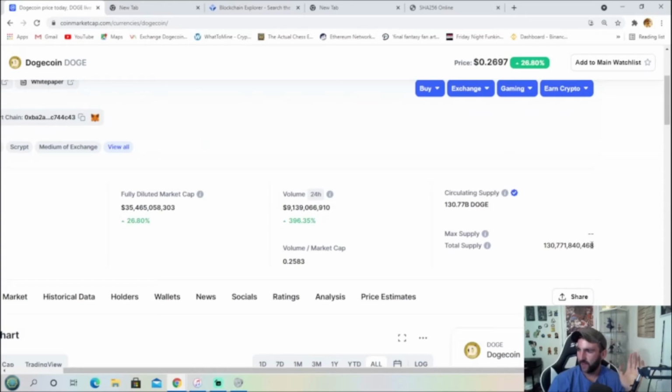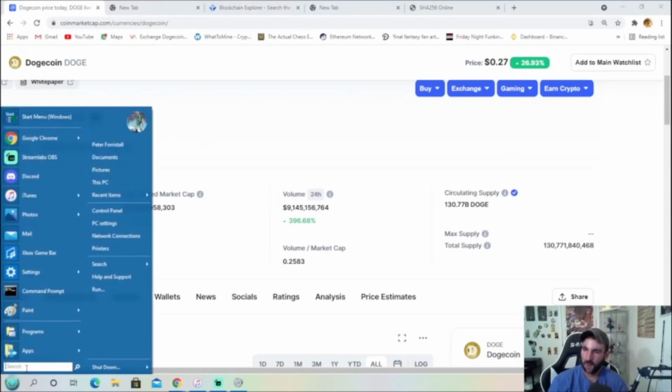Right now, the supply of Dogecoin is almost 131 billion Dogecoin in the network. And every block, the reward for Dogecoin is 10,000 Dogecoin. So if you mine a, what is that? 10,000 times. I'm just going to use a calculator.